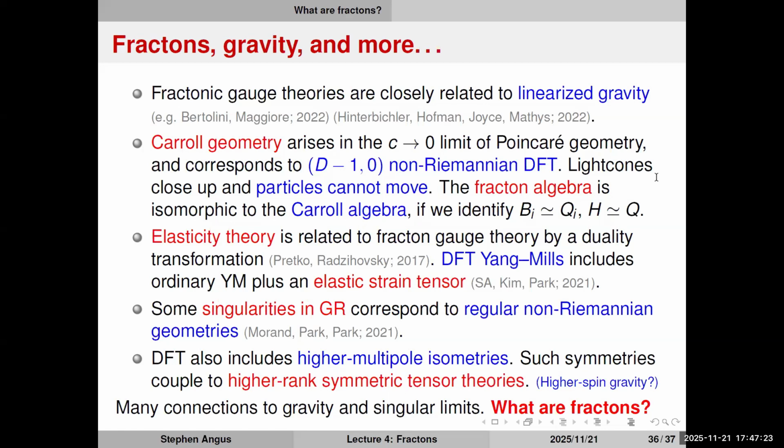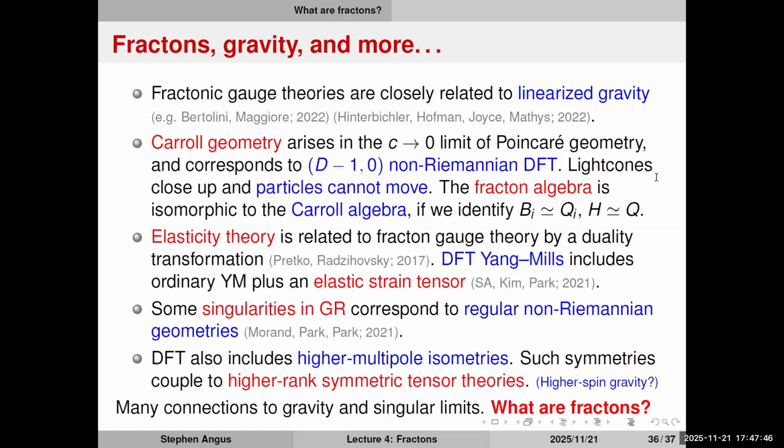In addition, some singularities in general relativity correspond to regular non-Riemannian geometries, which is interesting in light of the possible correspondence between fractons leading to some emergent gravity.